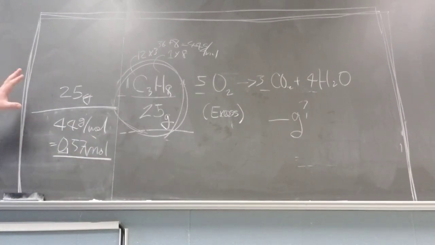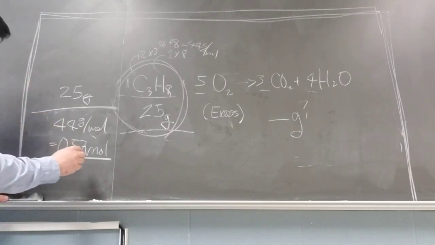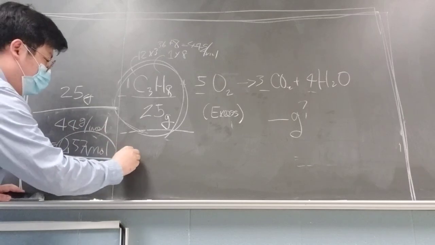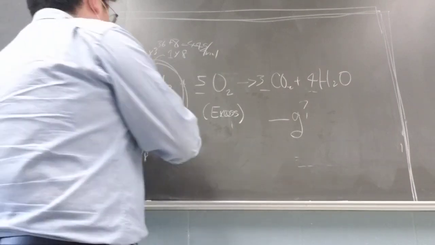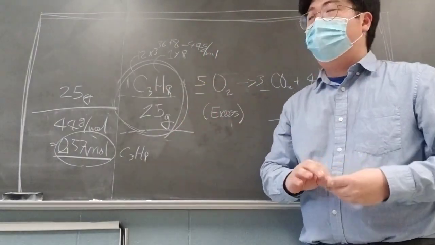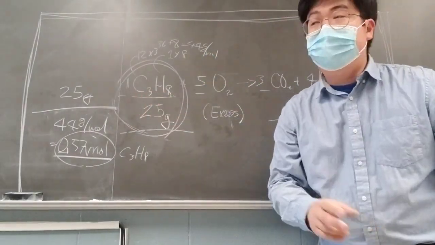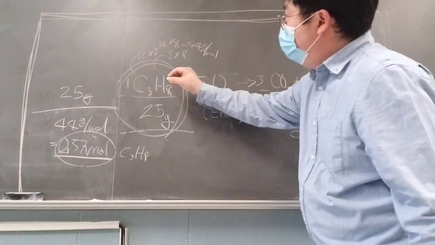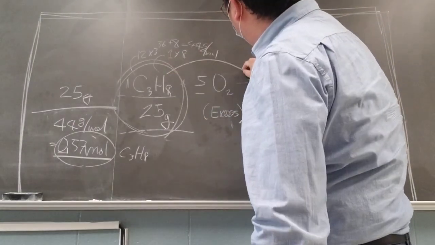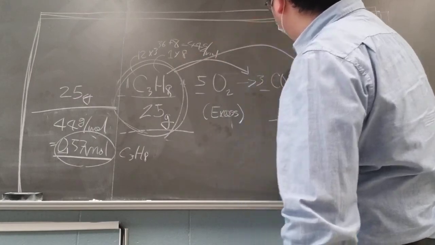So we have 25 grams over 44, and now we know how many moles of propane we have. Perfect. Like I said before, if 1 propane goes in, we'll make 3 carbon dioxide and 4 water.